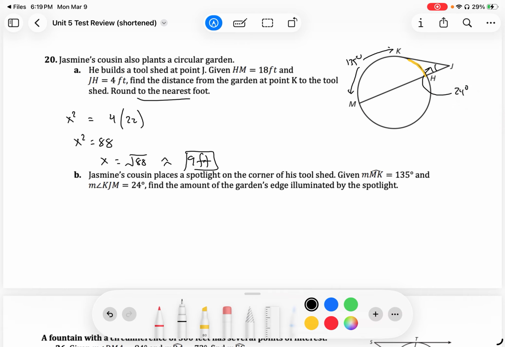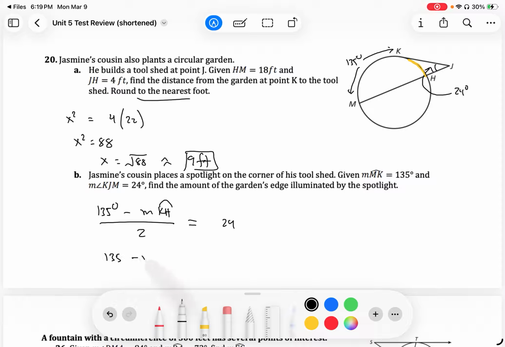To do that, we know that if you take the longer arc, subtract the shorter arc, which is what we want to find, and divide by 2, you get the measure of that angle, which is 24.